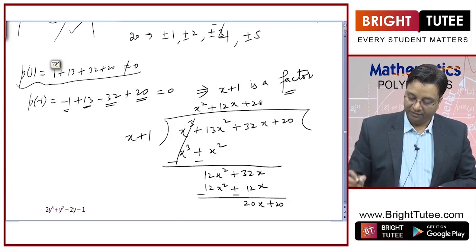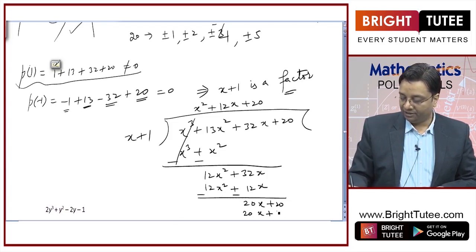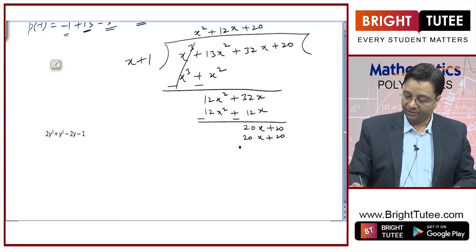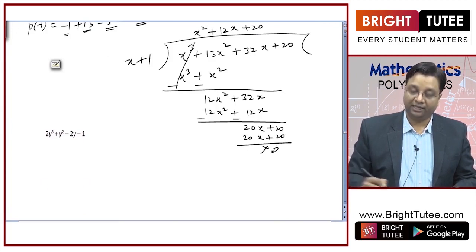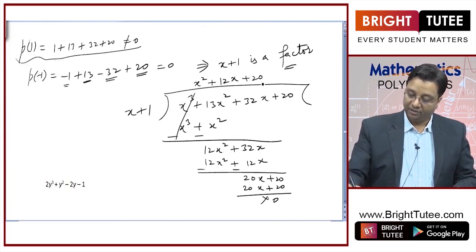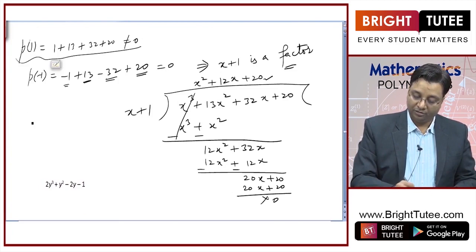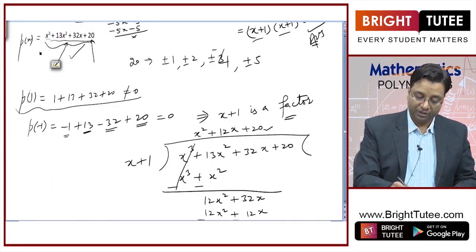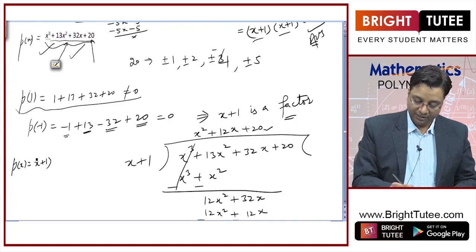So I will multiply it with 20 and it will completely divide it. So I will get 0 as my remainder. Now this is the quadratic polynomial that we were looking for. So p of x is equal to x plus 1 into x square plus 12x plus 20.